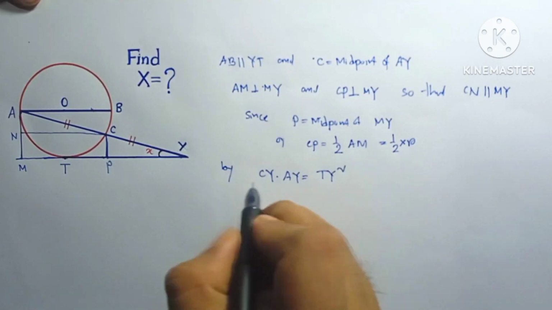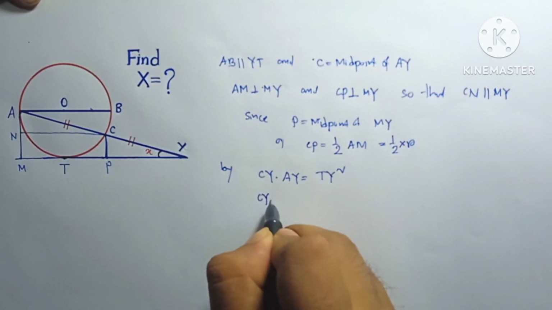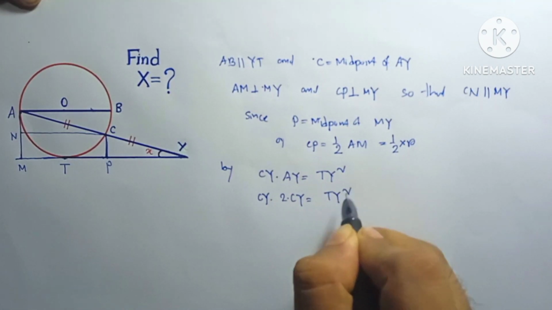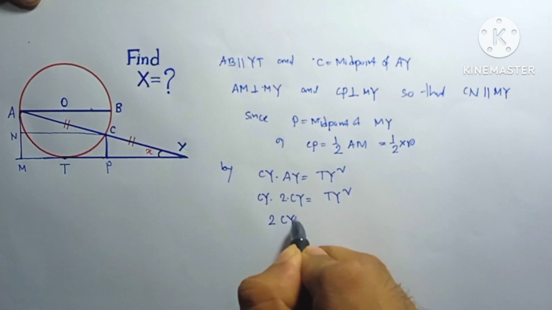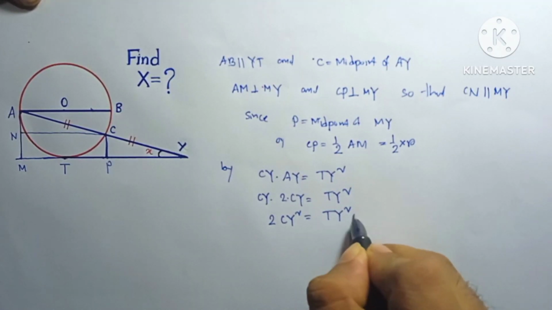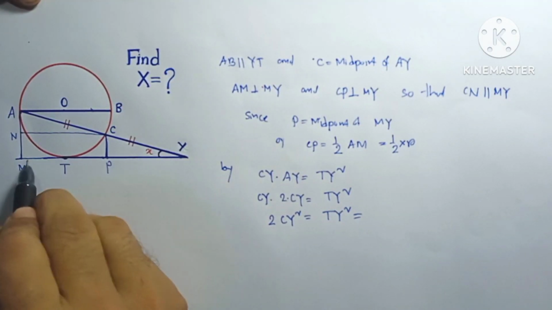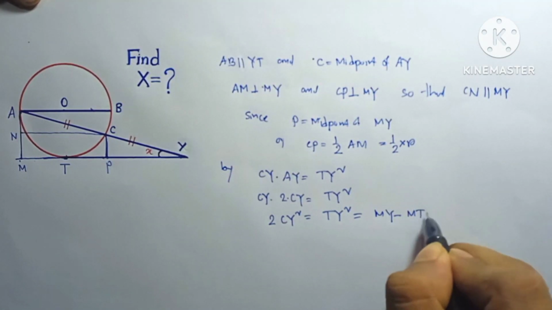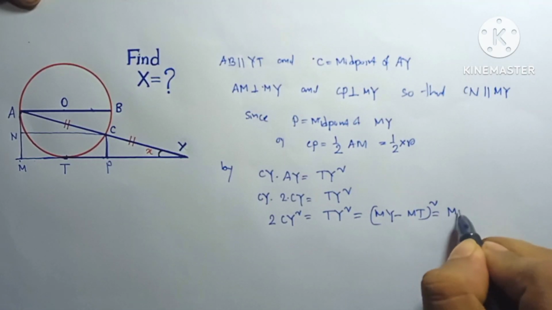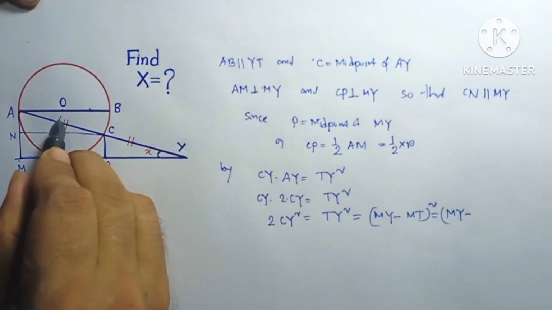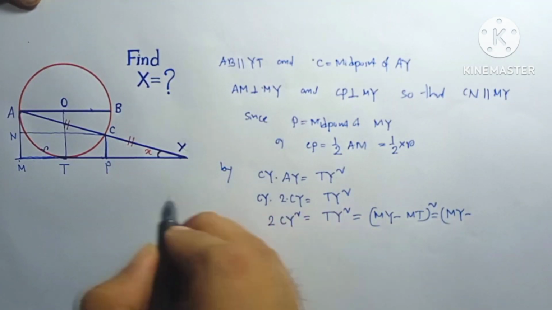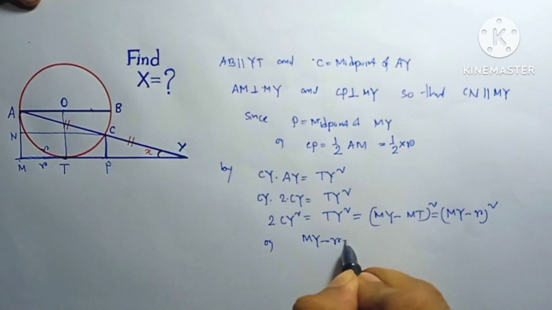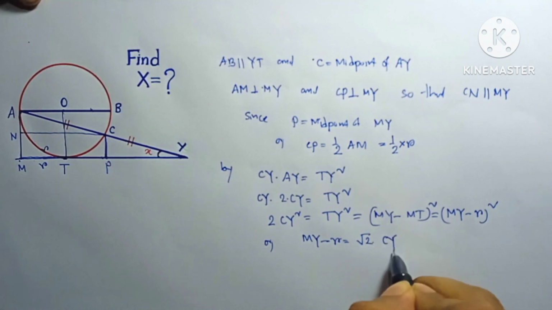So by simplifying, CY into AY is 2 times CY square, so this is TY square, and this TY is MY minus MT. So MY minus MT square, where MT is R, gives MY minus R is root 2 times CY.